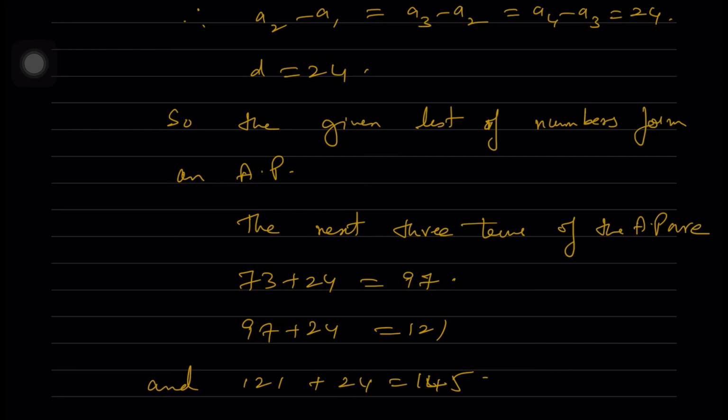Then 97 plus 24, which is equal to 121. And 121 plus 24 is equal to 145.